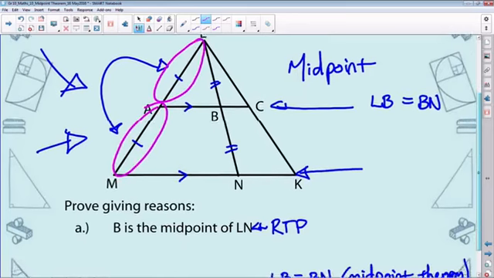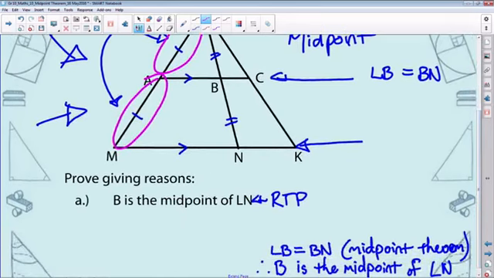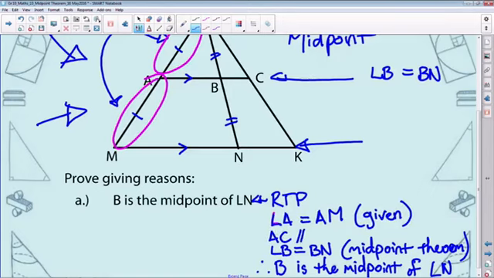So we're going to state the obvious and say that LA is equal to AM, and how did we get that? Well, we didn't. We were told it. And we were also told that AC is parallel to MK, and because we were told it, we say it was given.